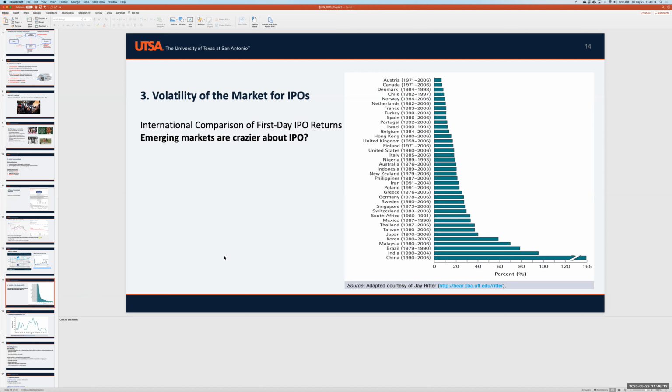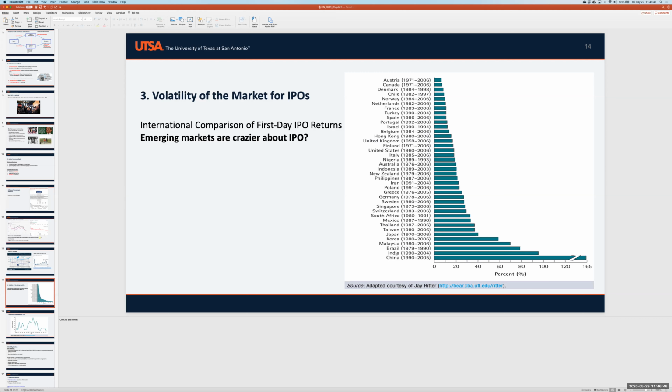The only thing I want to mention here is that for emerging markets, the first day IPO return is higher than in developed markets. Between 1971 and 2006, when we look at the Canada IPOs in this period, this is the first day IPO return, which is, I guess, maybe 10 or 15%.